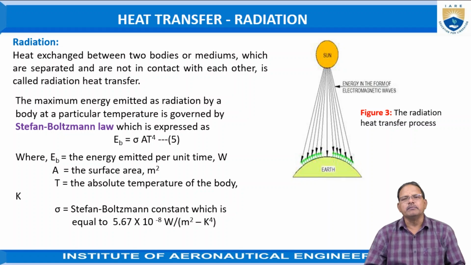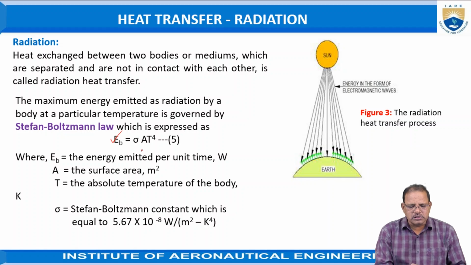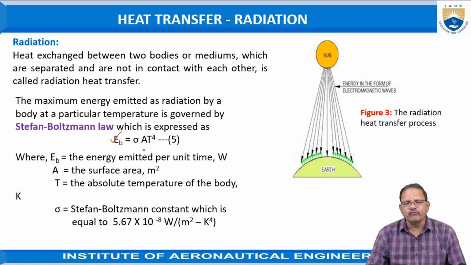The maximum energy that is emitted as radiation by a body at a particular temperature is governed by the Stefan-Boltzmann law, which is expressed as E_b equals sigma into A into T to the power of 4, where sigma is the Stefan-Boltzmann constant. Its value is 5.67 into 10 to the power of minus 8 watts per meter square per Kelvin to the fourth. A is the area of the cross section that is exposed to emit the energy, and T is the temperature measured in Kelvin.